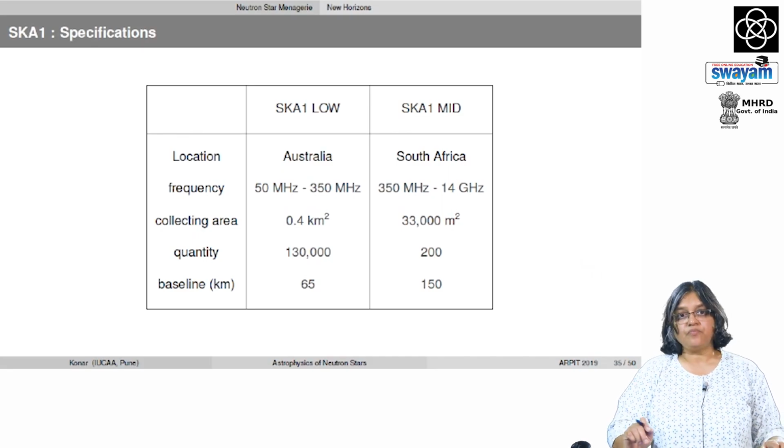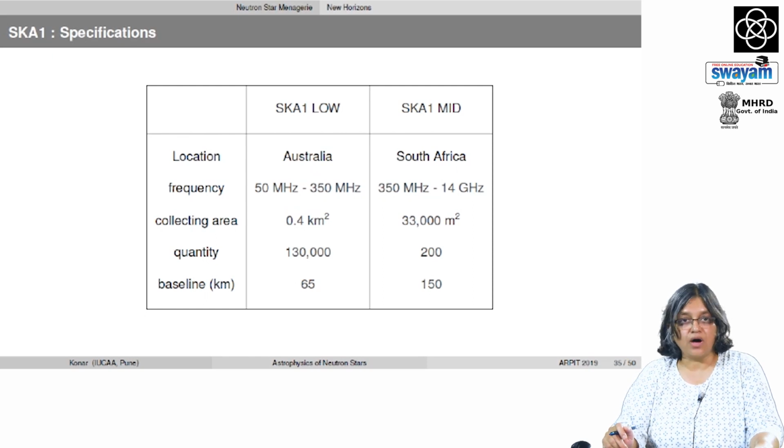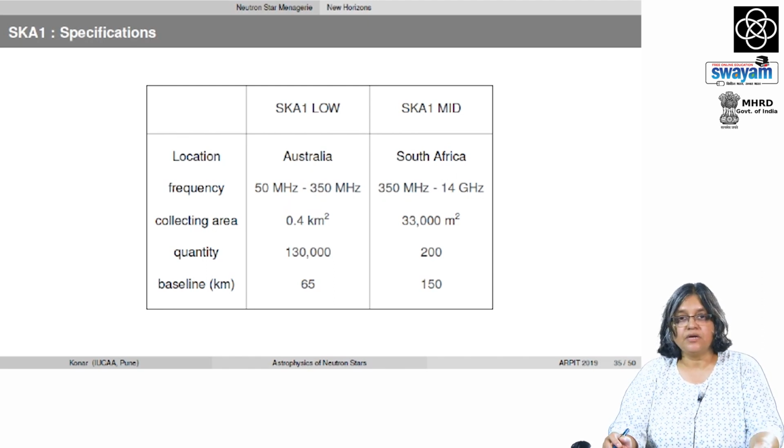So, the location of SKA. This is SKA 1, the phase 1 of the SKA telescope. There would be a second phase in which all the specifications would be upgraded. The location is partly in Australia and in Africa. The low and the mid correspond to the frequency range, the lower frequency range and the middle or higher frequency range for the moment.